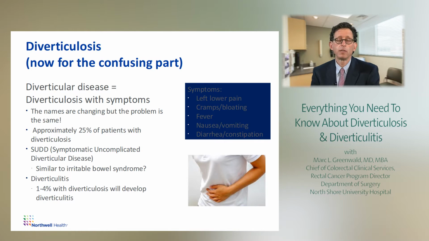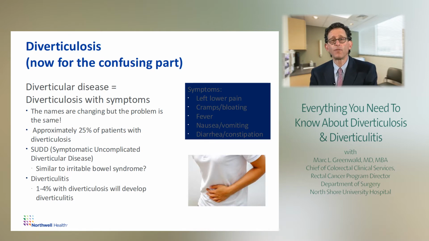It could be left lower quadrant discomfort, some crampiness or bloating. Fevers are typically with diverticulitis, but those are symptoms that can occur with diverticular disease. Nausea and vomiting usually occur again with diverticulitis because someone's pretty sick. But diarrhea and constipation can be associated with symptomatic, uncomplicated diverticular disease, or SUD.